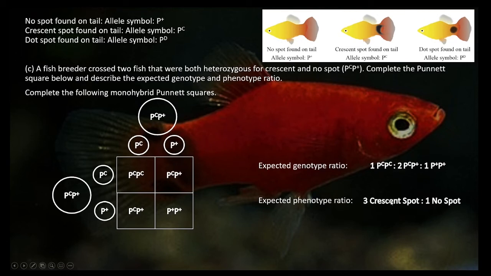So you always have to remember that you need to write the words. 3 crescent spots to 1 no spot. Do not just write the 3 to 1, okay? You have to write 3 crescent spots and 1 no spot.